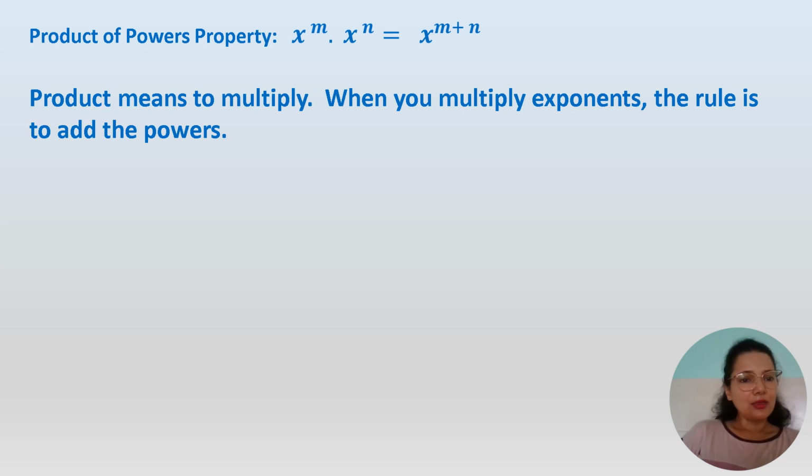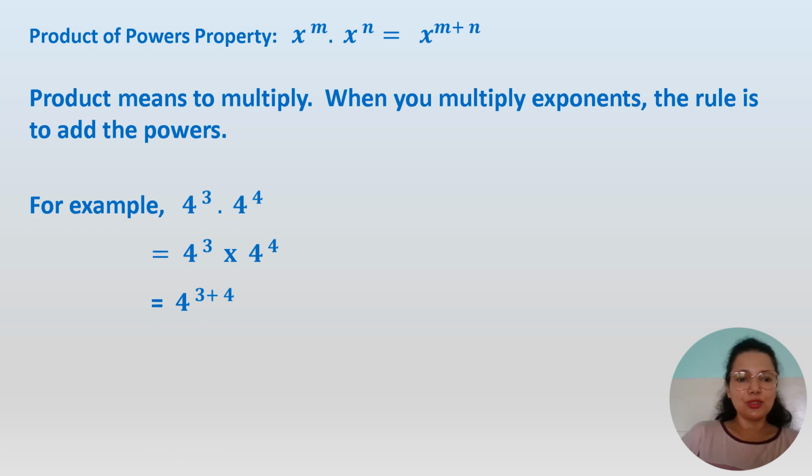Right. Now, let's look at an example. So if we had 4 to the power 3 times 4 to the power 4. So that's pretty simple. The dot means times, okay?